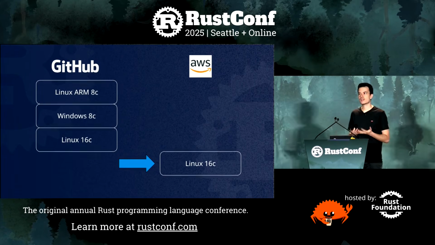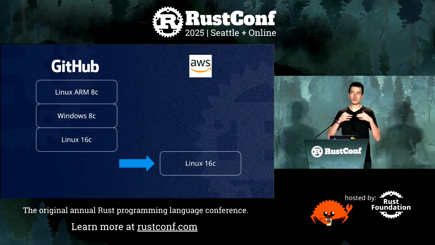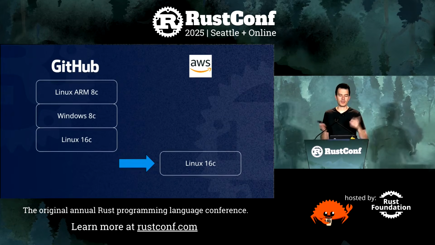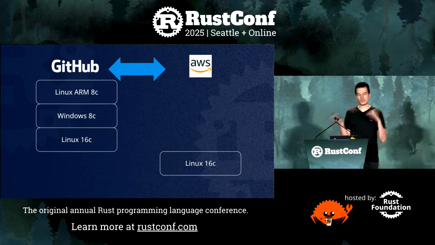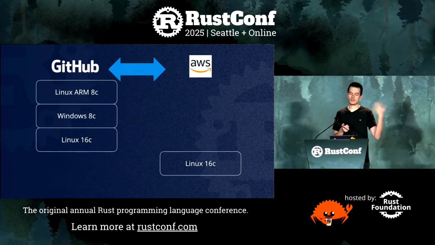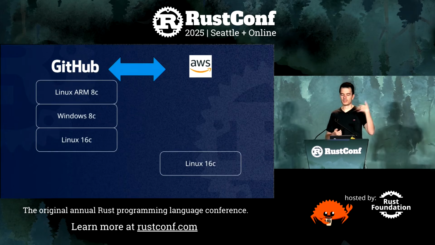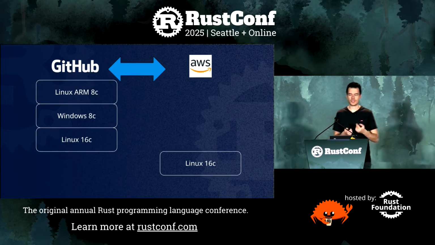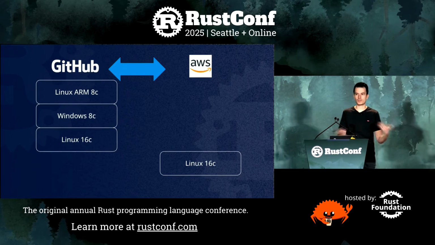But nowadays, many cloud providers offer alternatives to the GitHub runners. And so what we can do is move from one cloud provider to another, depending on which credits we want to use. And I didn't mention this, but AWS, for a few years now, has provided the Rust project credits to run its infra on.